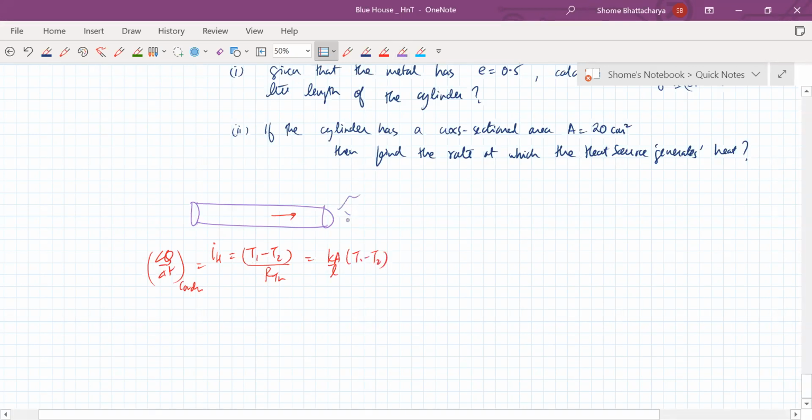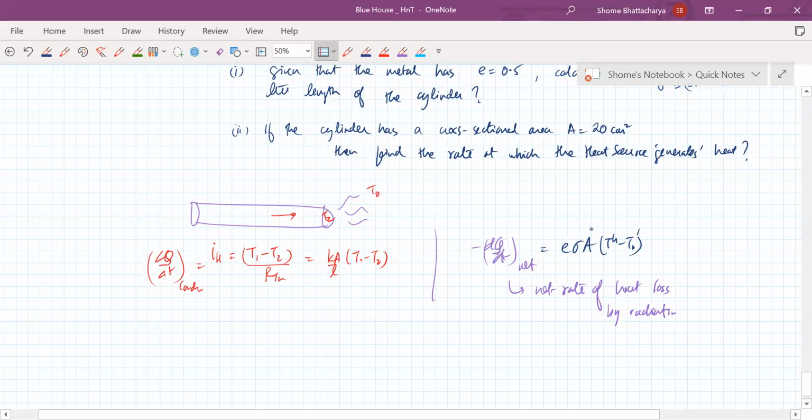And then the rate at which heat loss is happening, minus dQ by dt, the net rate of heat loss by radiation. For that, we can see that this is at a temperature T2 and the surrounding is at a temperature T0. So this is equal to e sigma into surface area, which we can now write as A, into T to the power 4 minus T0 to the power 4. Now this time capital A is surface area, it is not absorptive power.